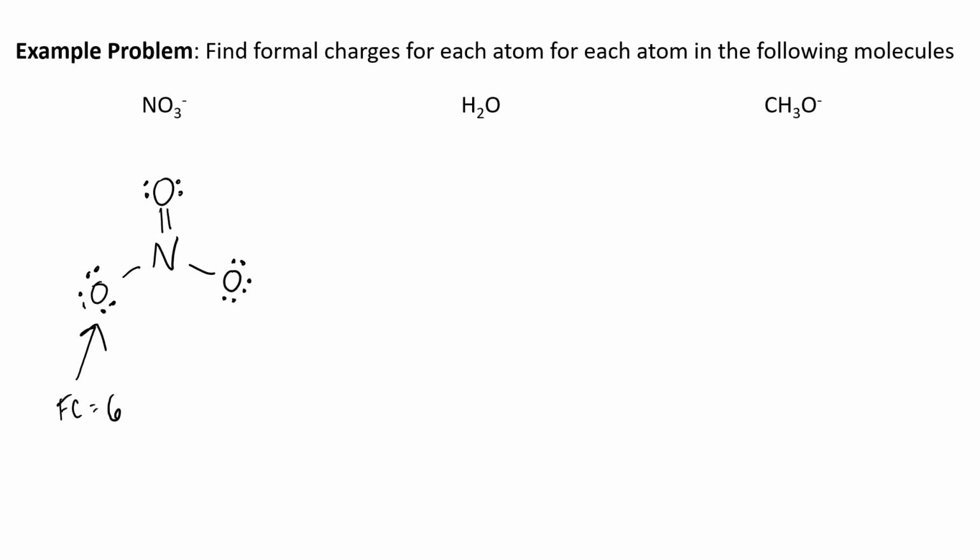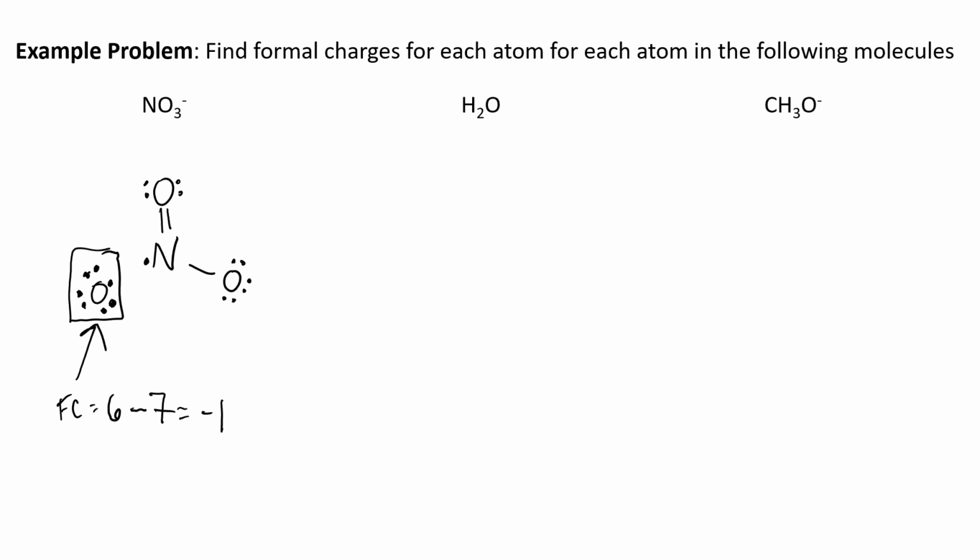So oxygen is group 6 minus, now how many electrons does it own? Well, in this bond, let's give one to oxygen and we'll give that one to nitrogen. So let's focus here on oxygen. It owns 1, 2, 3, 4, 5, 6, 7. So the formal charge on that oxygen is -1.